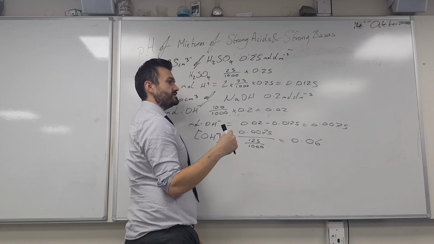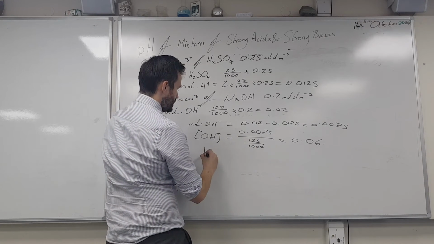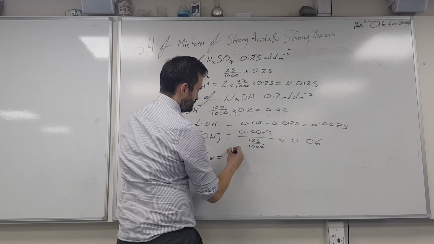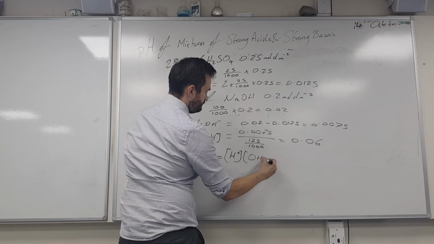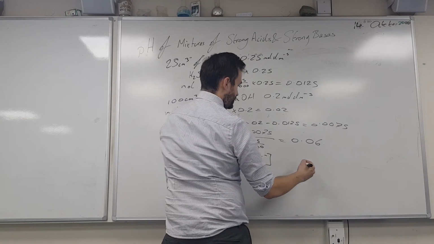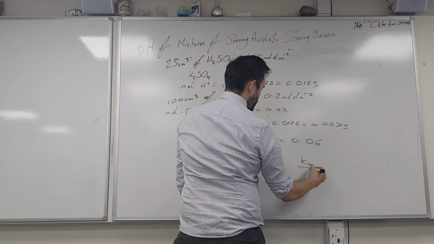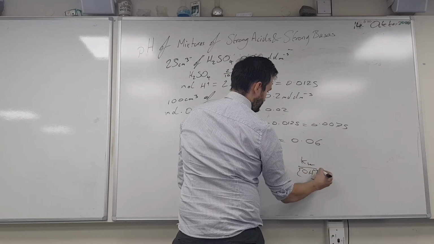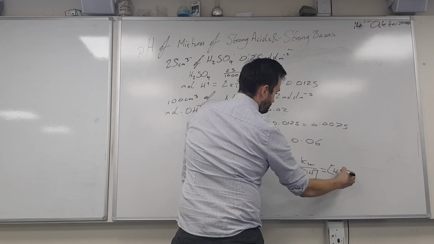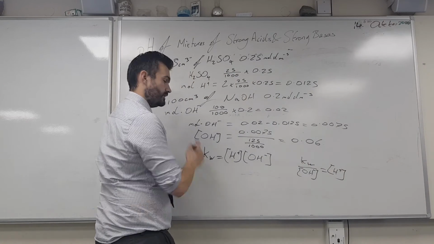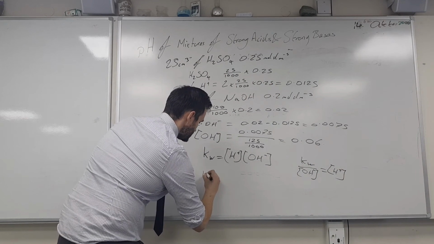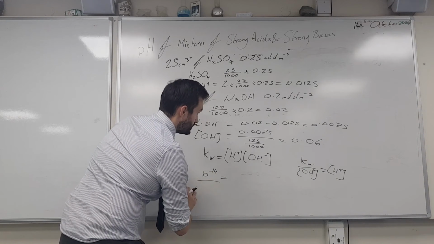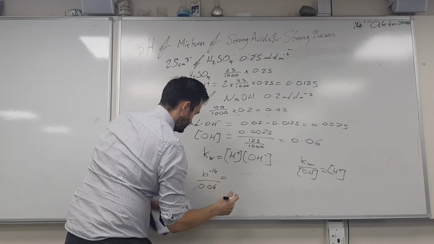We have to go back to our ionic product. Kw is equal to H plus times OH minus. We can rearrange that: Kw over OH minus is equal to H plus. Kw is 10 to the minus 14, and we divide that by our concentration, 0.06.